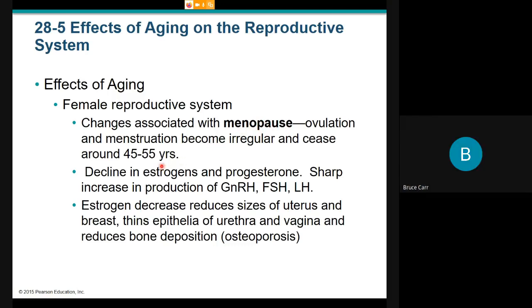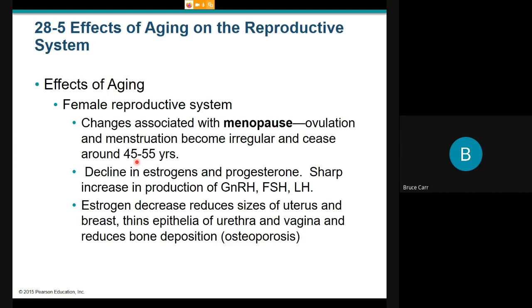It becomes irregular and ceases around 45 to 55 years. So there is a kind of a programmed loss of fertility in females. It's coordinated with a parallel decline in estrogen and progesterone, and a sharp increase in the production of the so-called gonadotropins, GnRH, FSH, and LH.